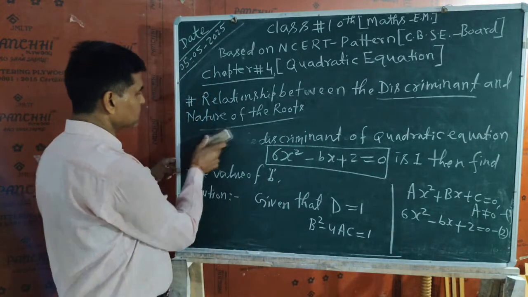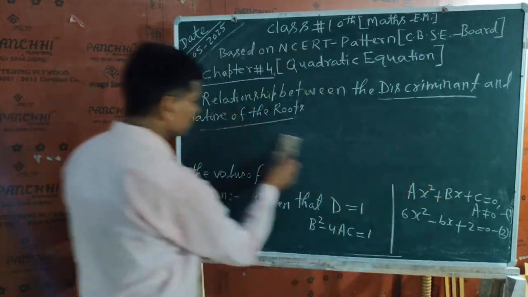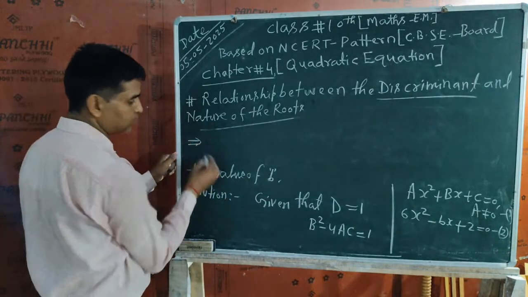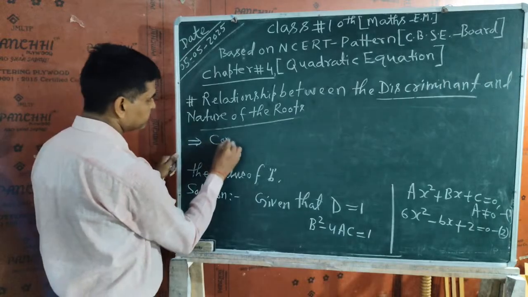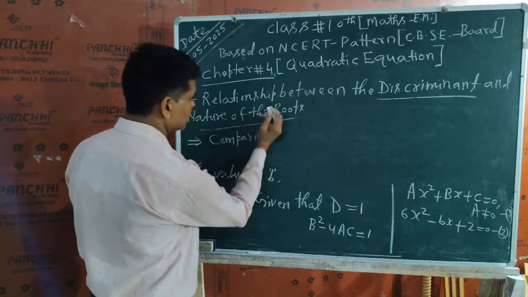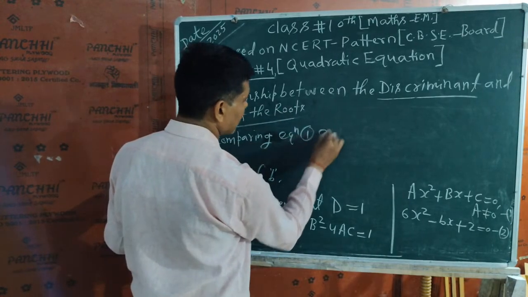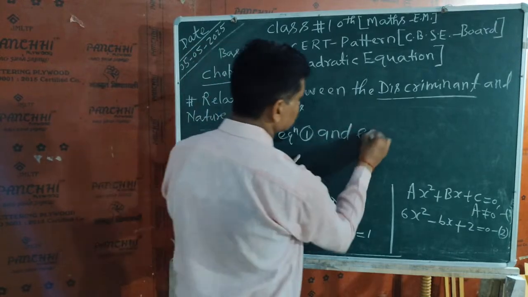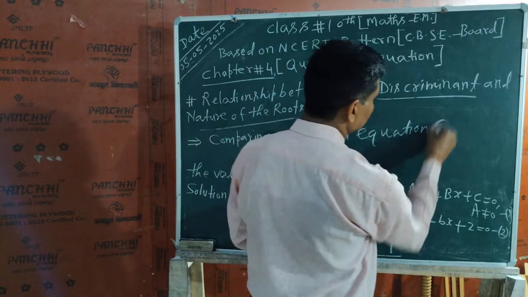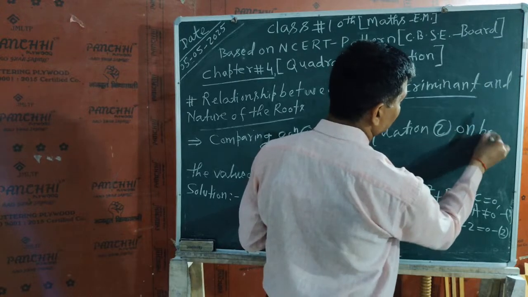So this question I am going to erase because there is no extra space to write. After erasing I have to write here: comparing equation 1 and equation 2, we get on both sides.